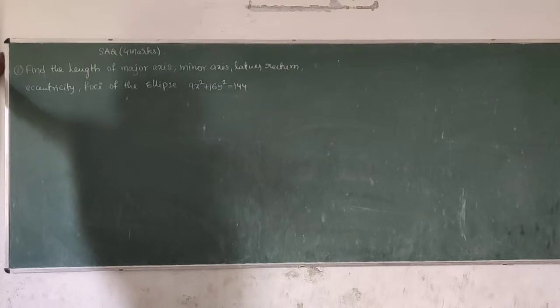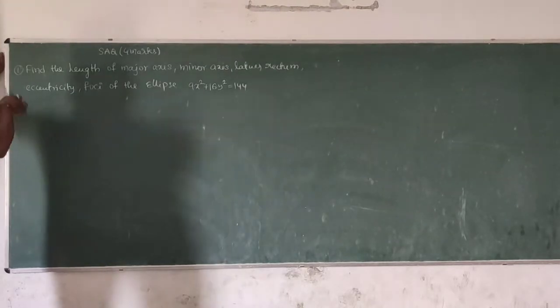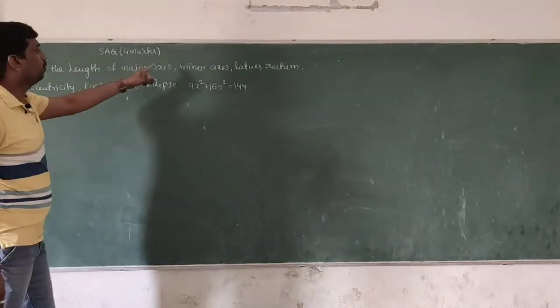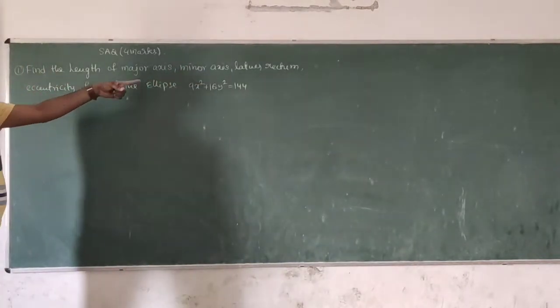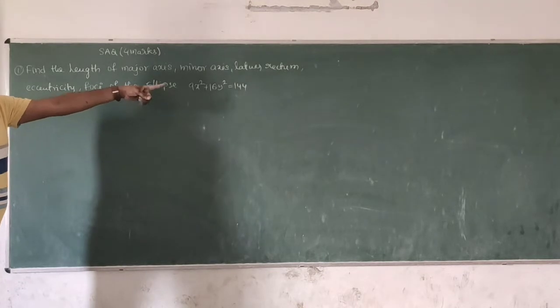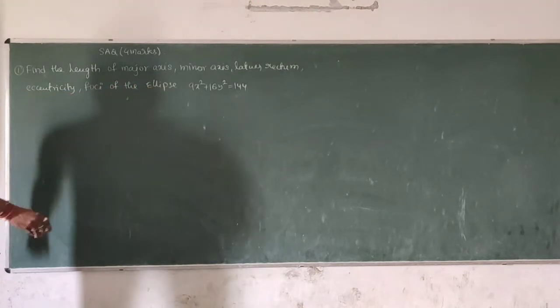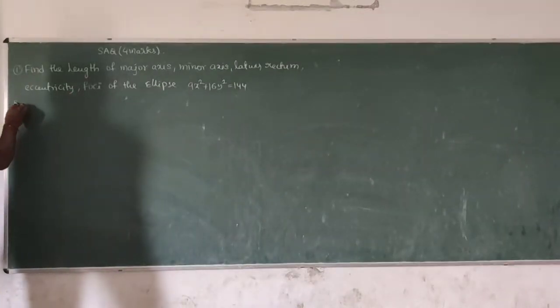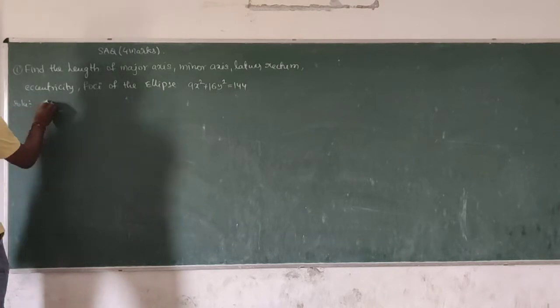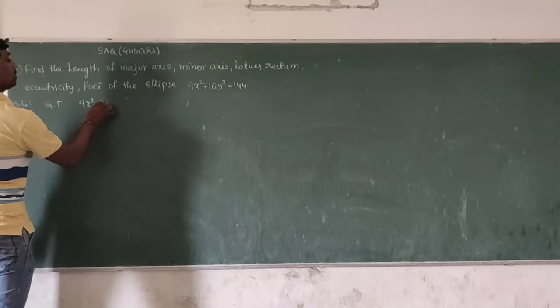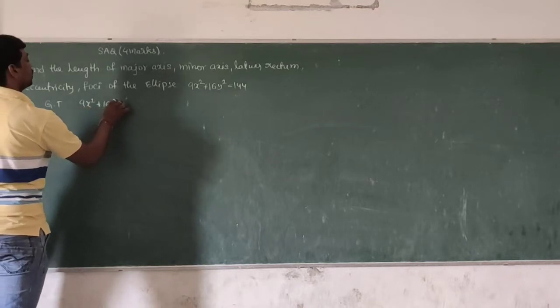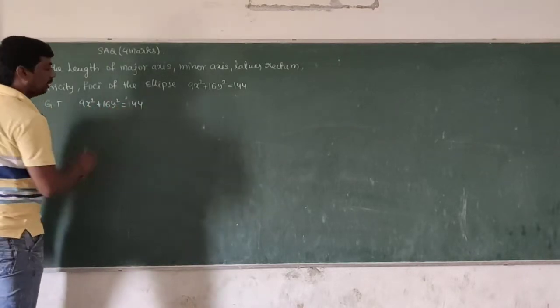So weightage is 8 marks. In that one, first problem, find the length of major axis, minor axis, latus rectum, eccentricity, foci of the ellipse 9x square plus 16y square equal to 144. Okay, right. First, given the equation 9x square plus 16y square equal to 144.